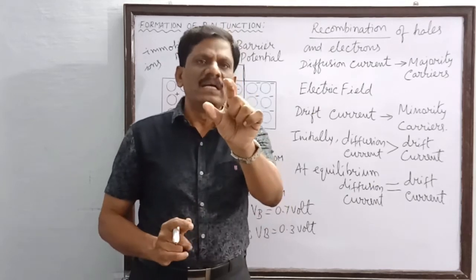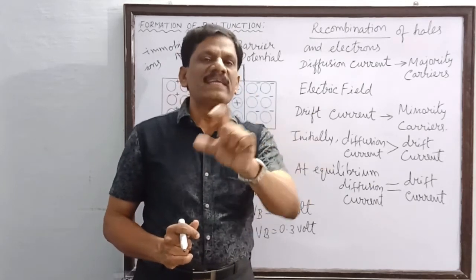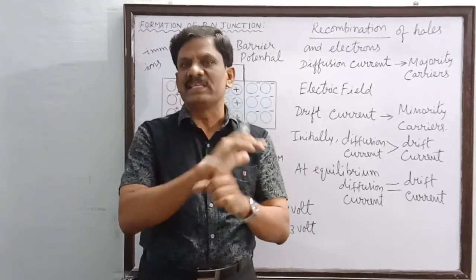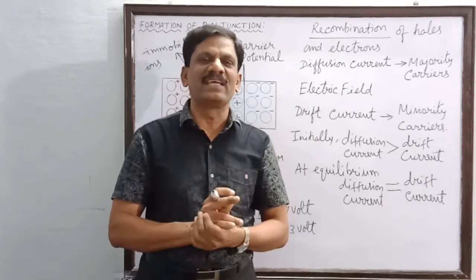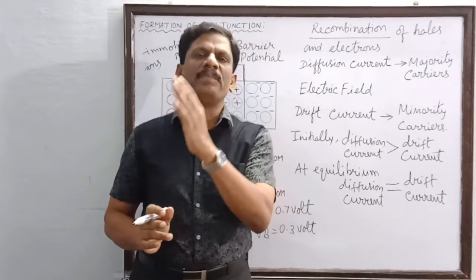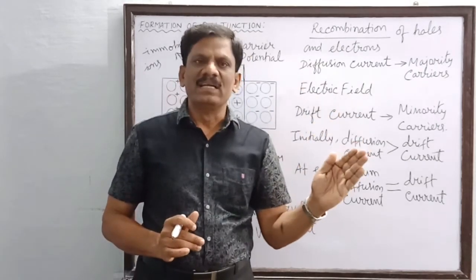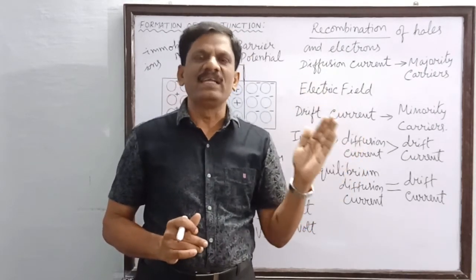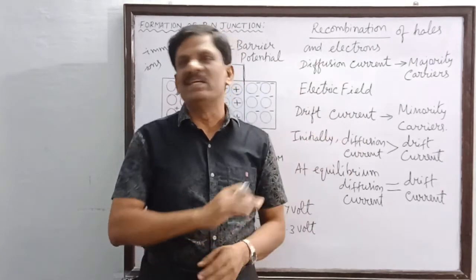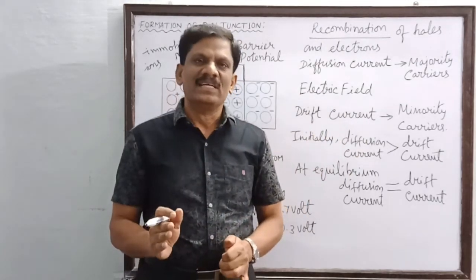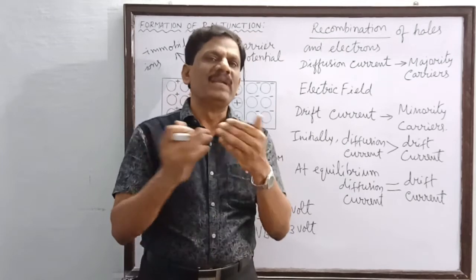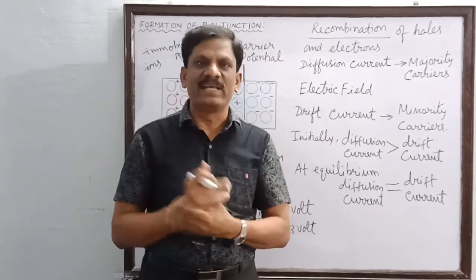Due to the difference in the concentration of the majority charge carriers, the holes from the p region will diffuse into the n region, and the electrons, which are the majority charge carriers in the n region, diffuse into the p region. During this process, there will be recombination of holes and free electrons.